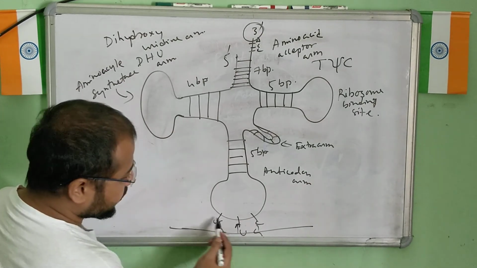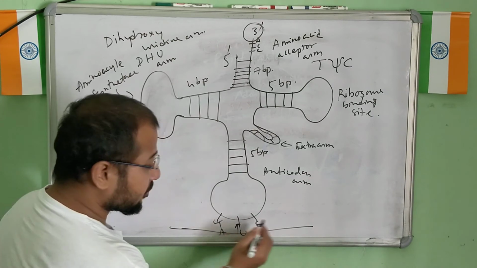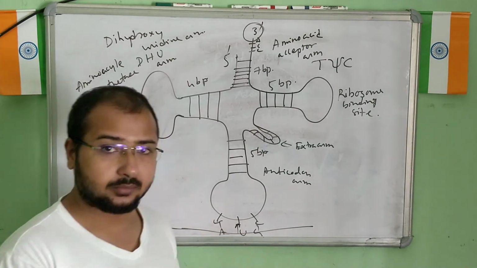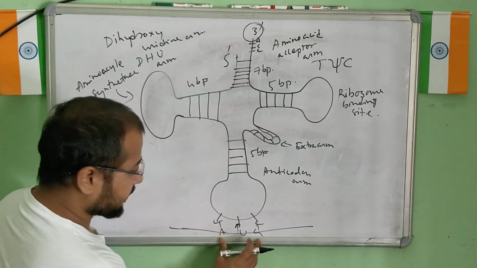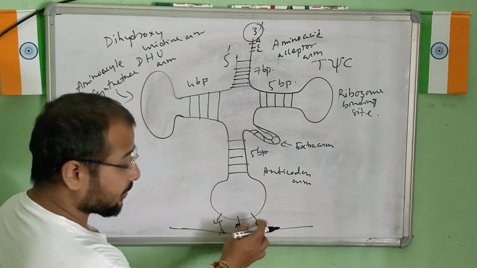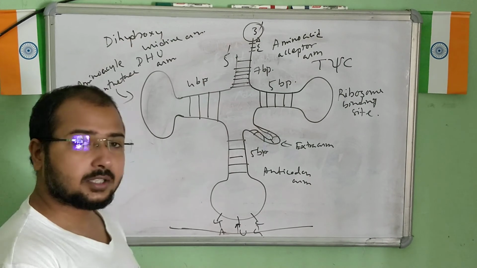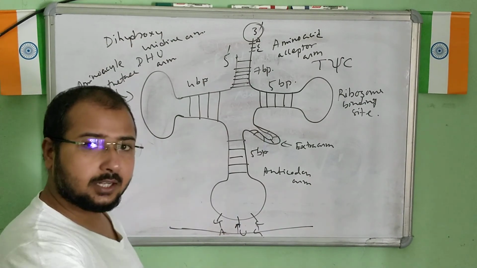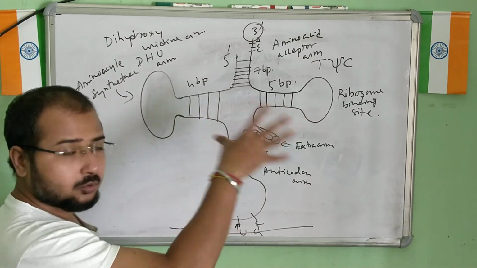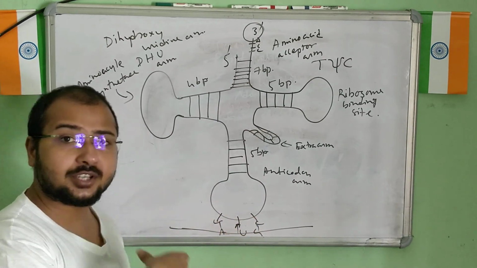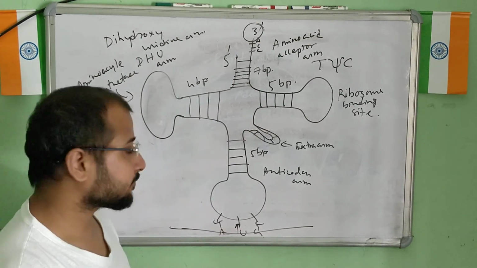So different tRNAs have different anticodon sites according to the codon. For another codon, the tRNA will have a specific anticodon site for that codon.